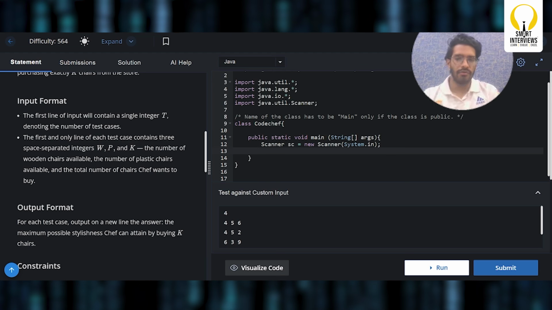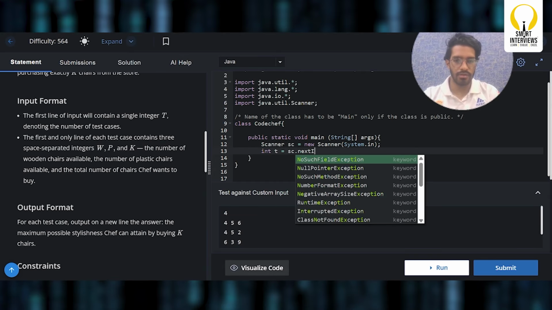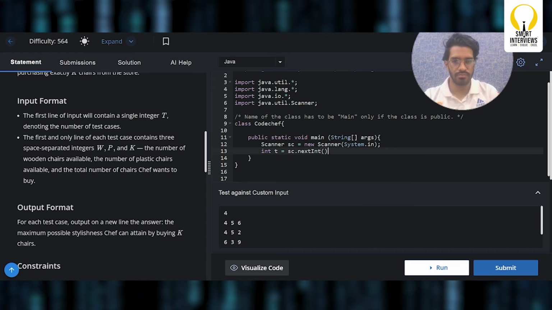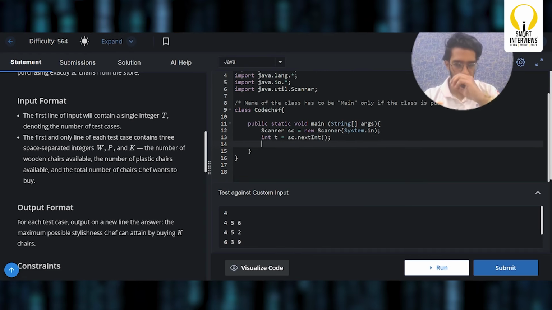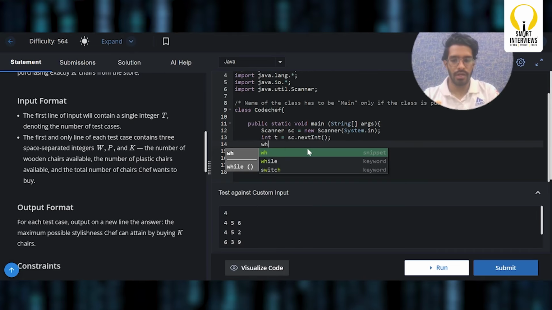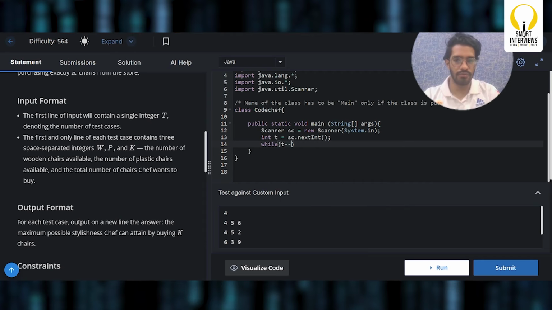Now we have to take the input for t, which is sc.nextInt, and we have to write a test cases loop for t. So while t is greater than 0, alright.